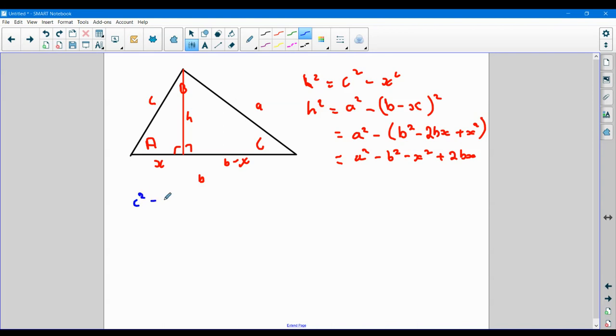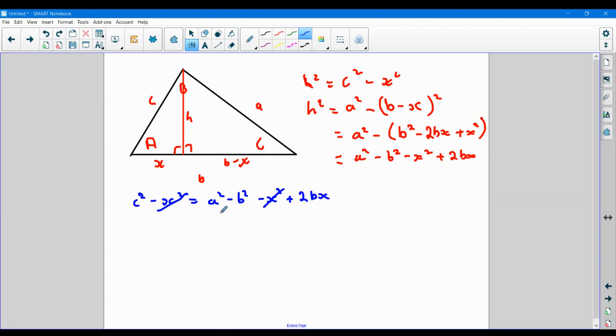C squared minus x squared is equal to all of this, a squared minus b squared minus x squared plus 2bx. Now, what I can see from that is I can cancel some parts of each side. I can get rid of the minus x squared like that.